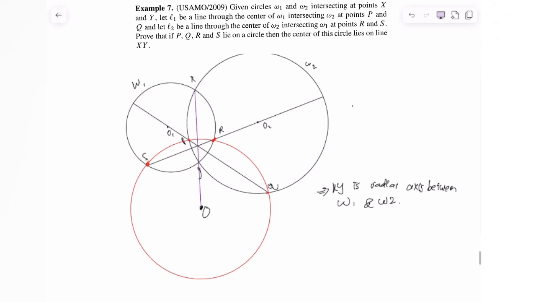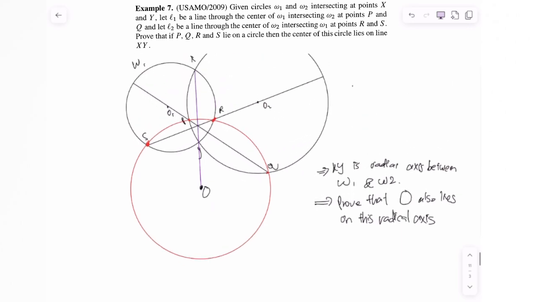Right. So all we have to do is to prove that big O also lies on this radical axis.